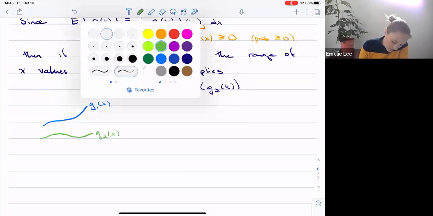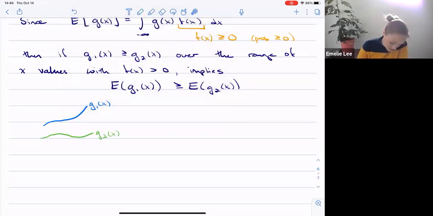So the average of G1 of X might be here somewhere, and if we look at the average on here, well, maybe it's here.